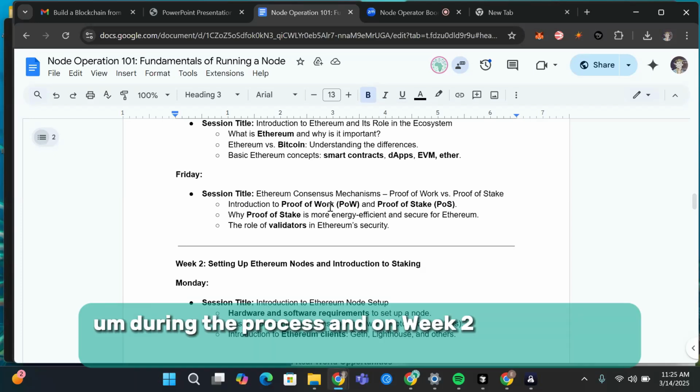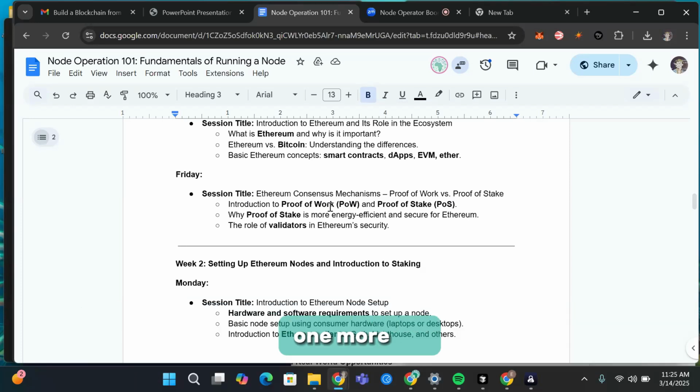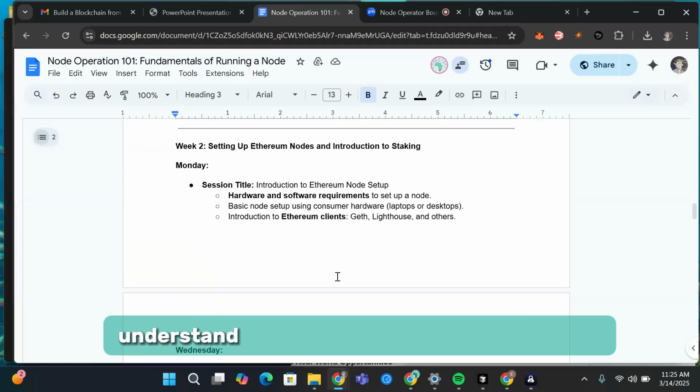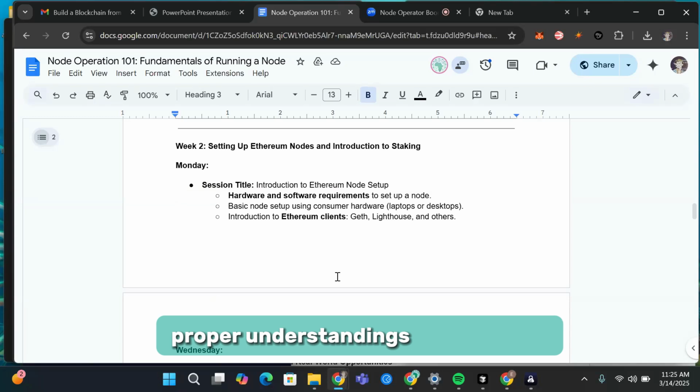And on week two, we'll go a little bit deeper. So we will also explore the node, understand these nodes, understand what is required to set them up, have proper understanding of clients.